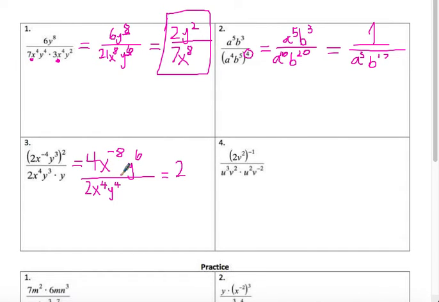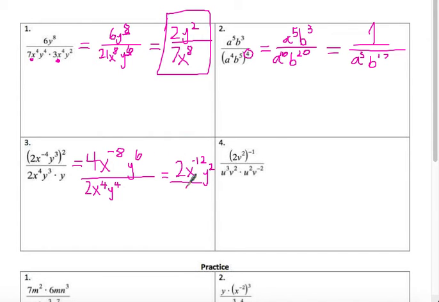So subtract the exponents. And I'm just going to leave it in the numerator for now. So negative 8 minus 4 is negative 12. And I'm just going to leave it up here for now. And then y to the 6th divided by y to the 4th, we have y squared in the numerator, because 6 minus 4 is a positive 2.